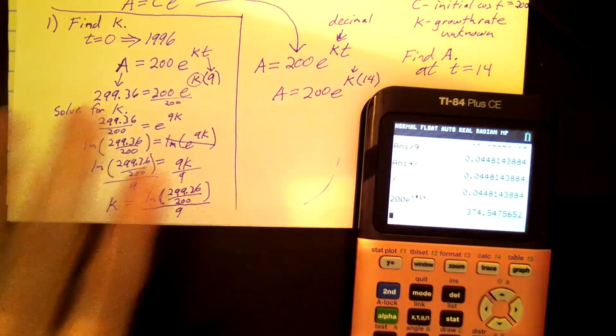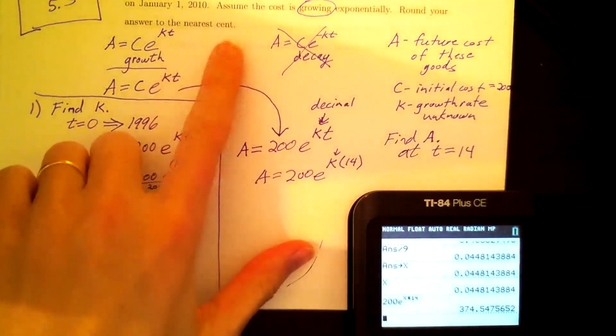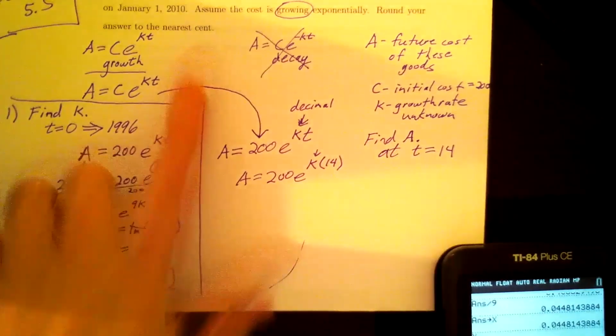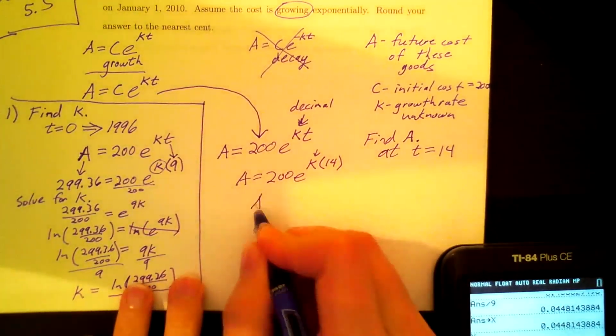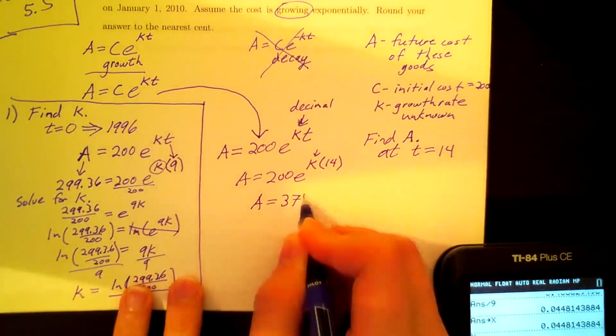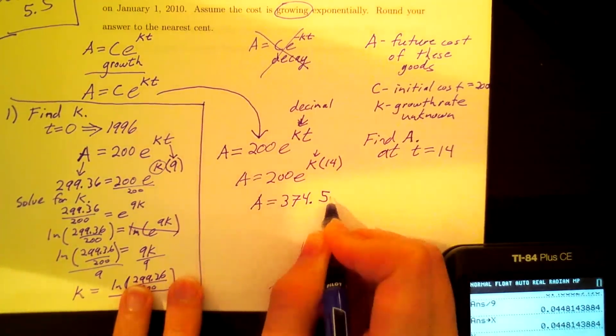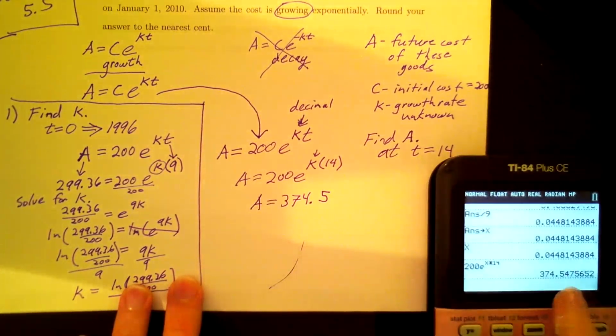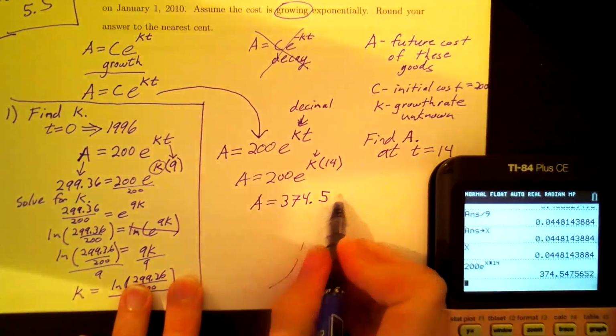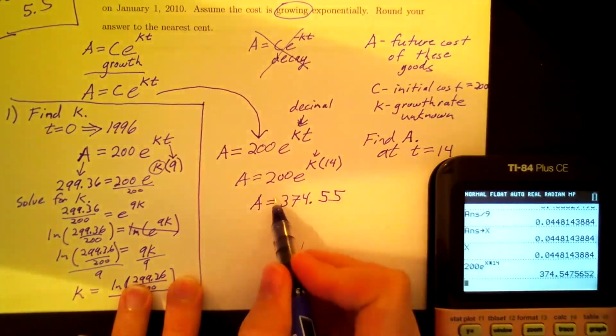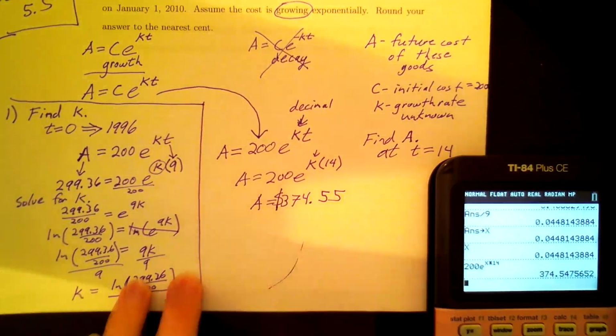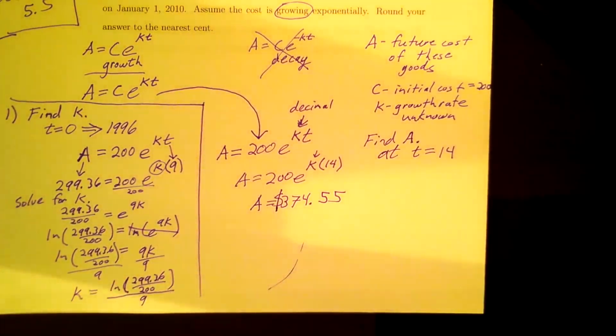They want us to round to the nearest cent, so that means 2 decimal places. So my answer here is A is 374.55, rounded to 2 decimal places. That's $374.55. That's how much we estimate these goods and services will cost at that time.